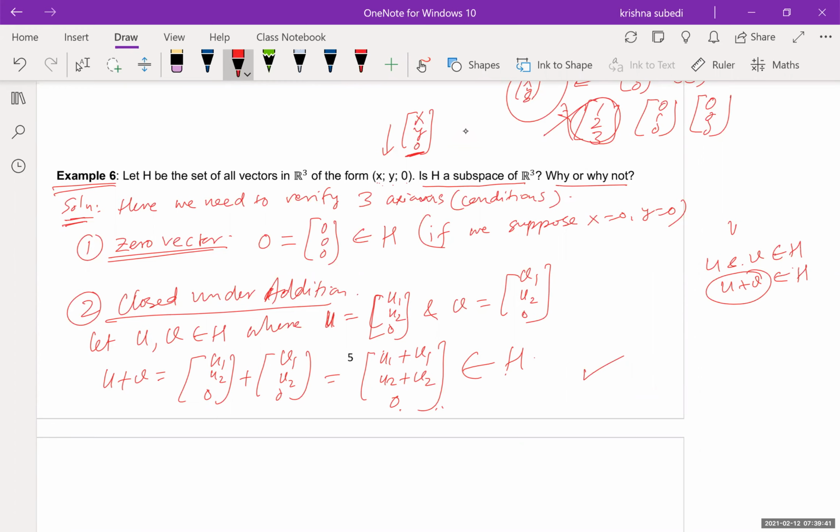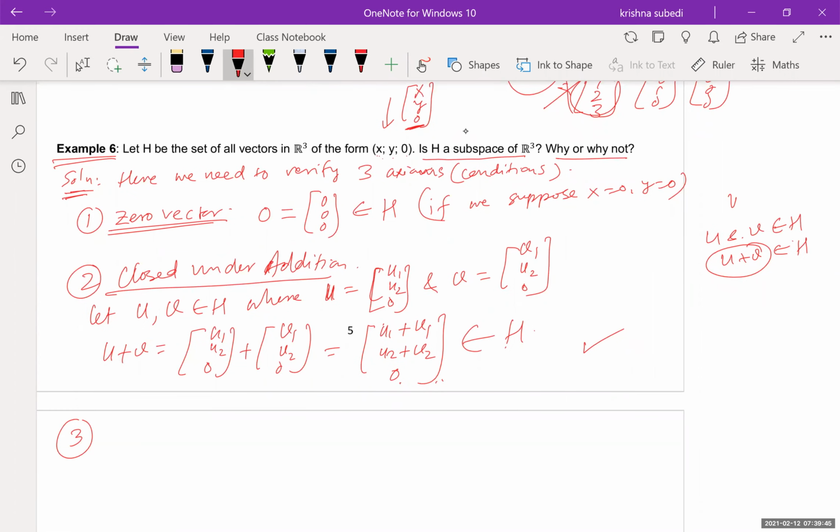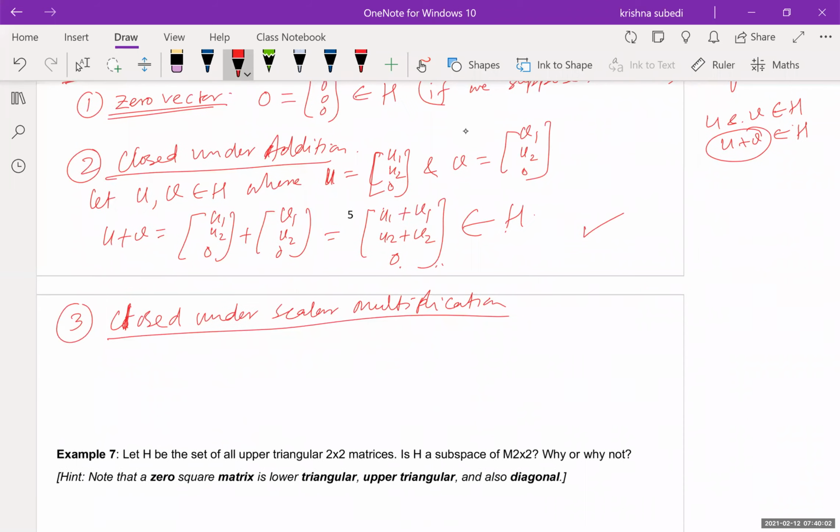Okay, now let's try condition 3. Condition 3 is closed under scalar multiplication. Let's see what happens. So let us suppose u is in H and c be a scalar.